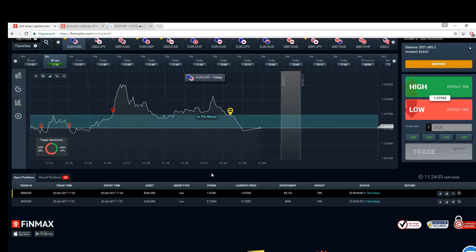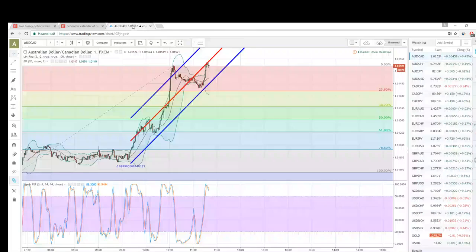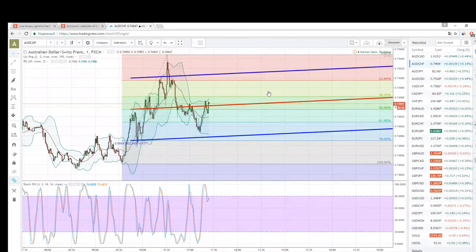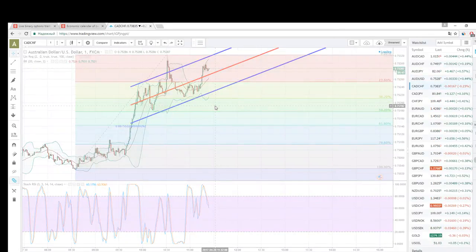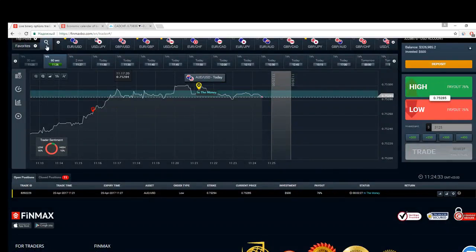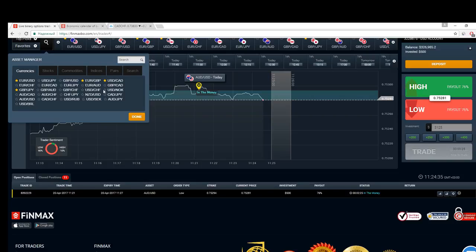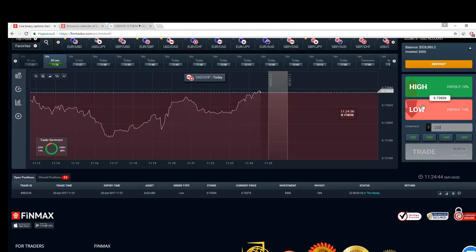Okay, Euro to American in the money, so we may leave this one alone for a while and switch to other options that we have on the platform, on the market, I'm sorry. I see an option to enter for low for the short period.